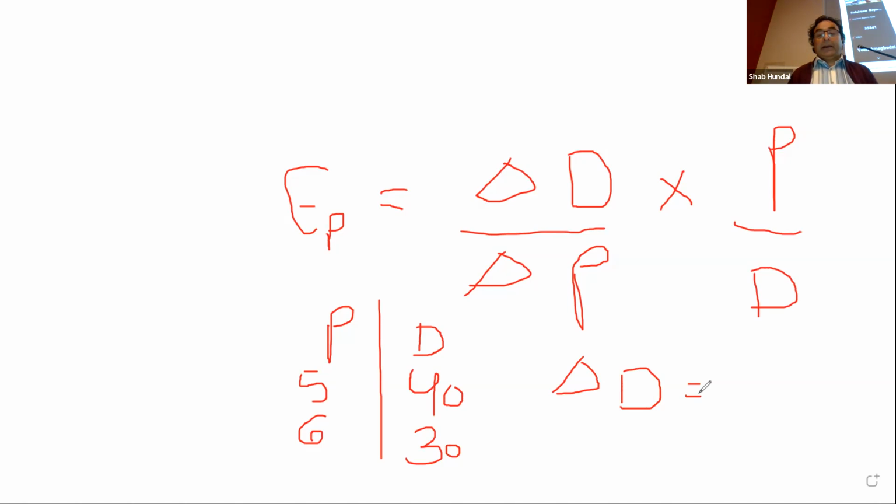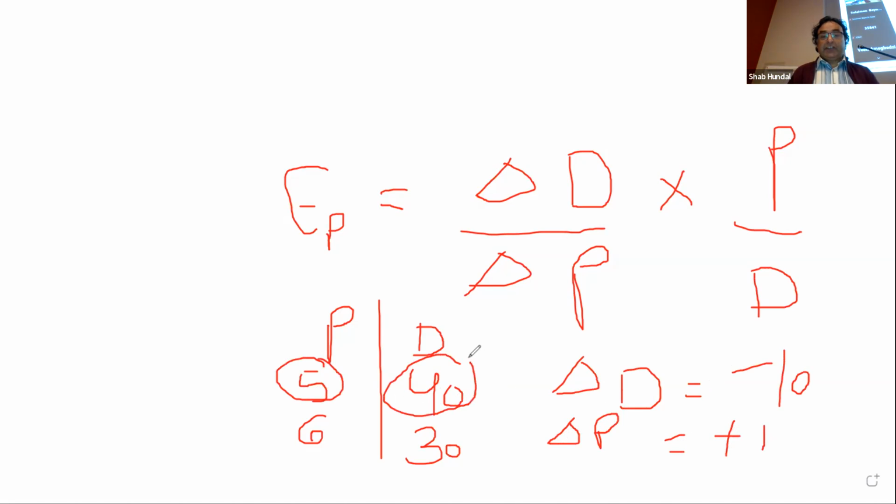So it fell by 10 units. Then the change in price is +1, because price went from 5 to 6. And then the original price is 5, and the original demand is 40. So that doesn't change.